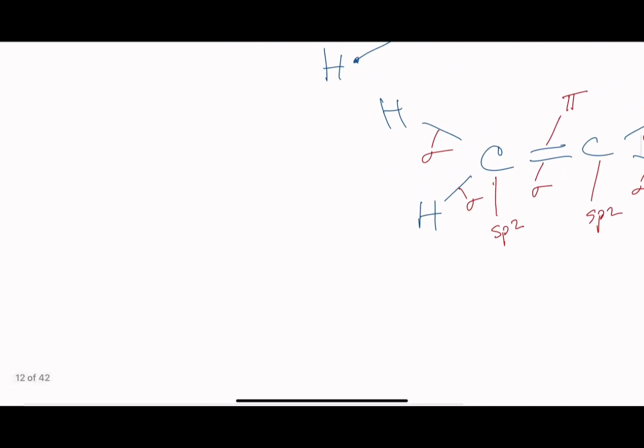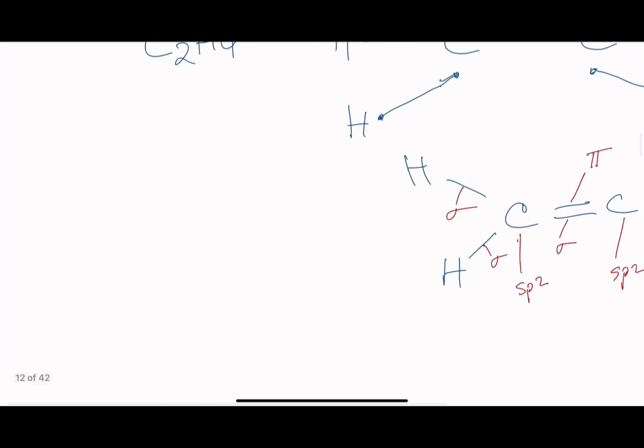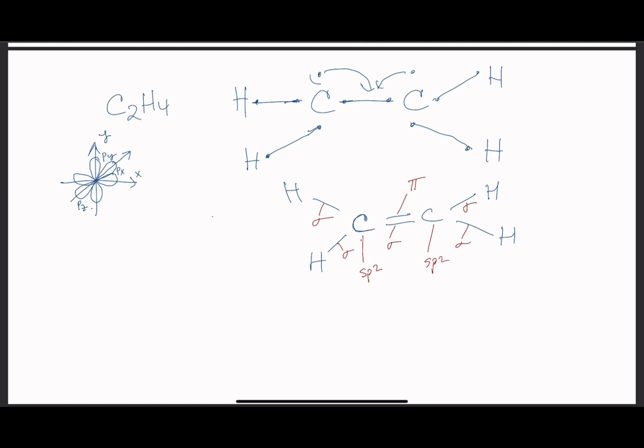If you remember, for example, p orbitals looked like this, right? On a px, we had it like this. Py looked like this, this is py, this is px. And then we had a pz, and this was looking like this. This is pz. Now we're gonna talk about these carbons.